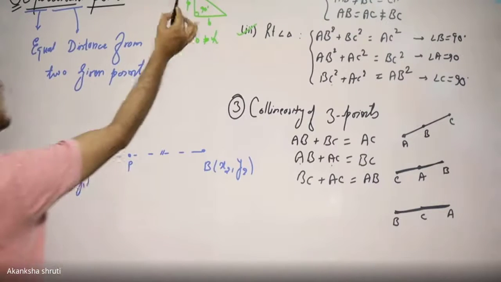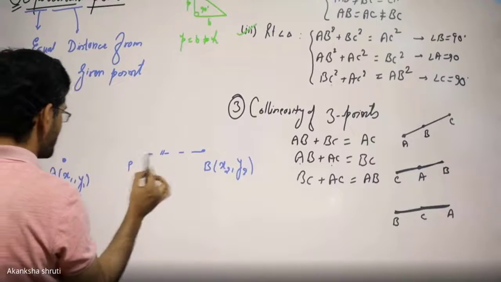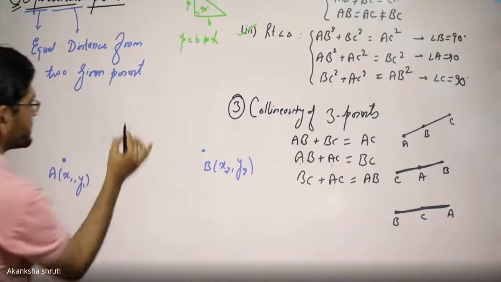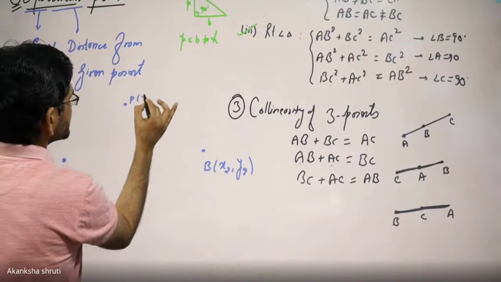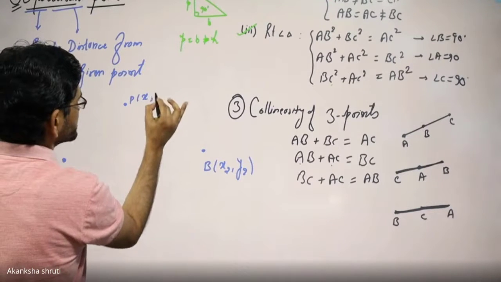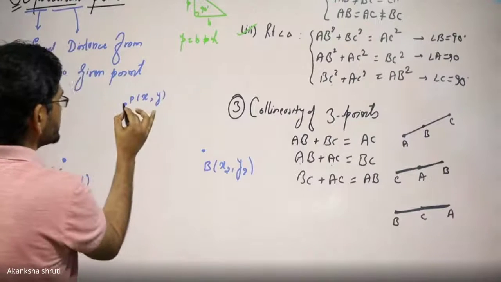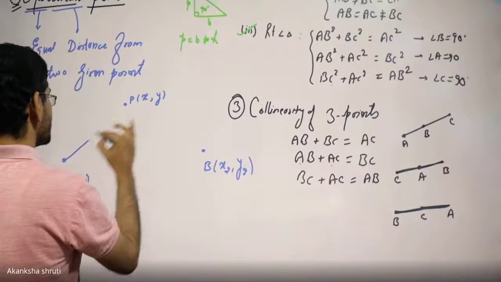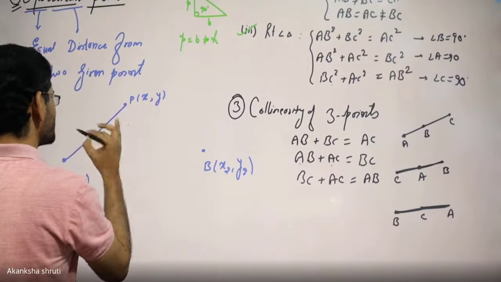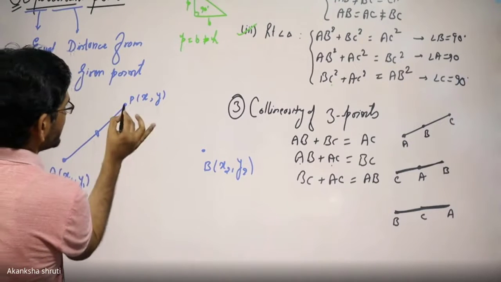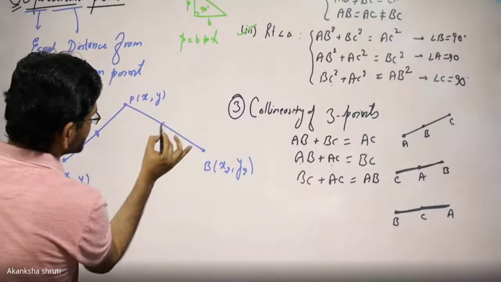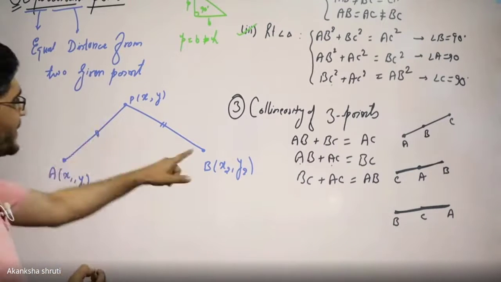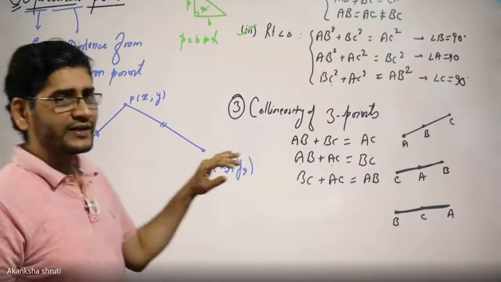But students, in addition to this, it may be possible that you may take a point P somewhere here. Let us consider the coordinates of this point P to be x1. So this point P will be an equidistant point provided this AP, this much length, is equal to PB, this much length. Meaning, A, P, B need not be collinear.